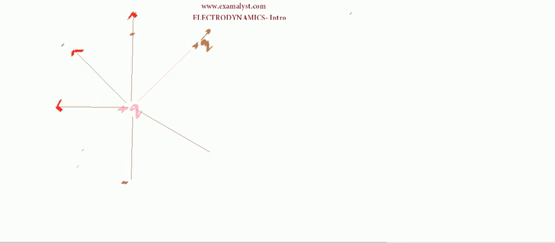So once I know this, any electric field can be represented by lines. What have I done here? These lines just represent in which direction the field is acting. If you place a charge here, then the field is acting in this direction.